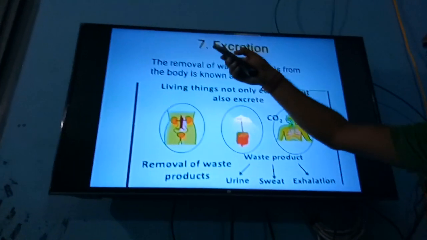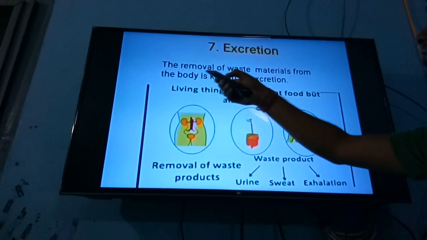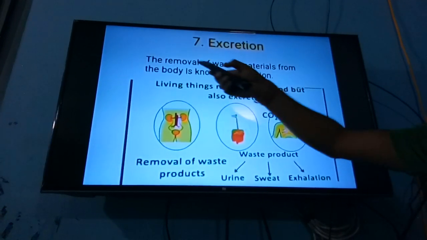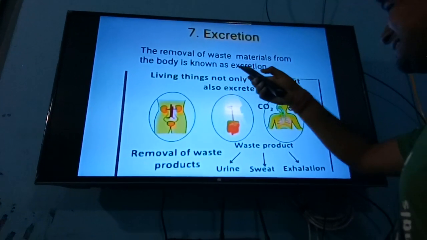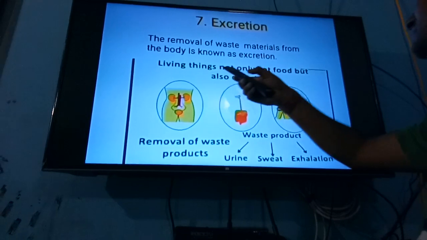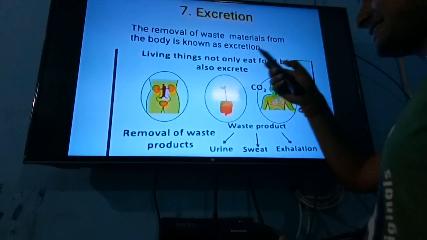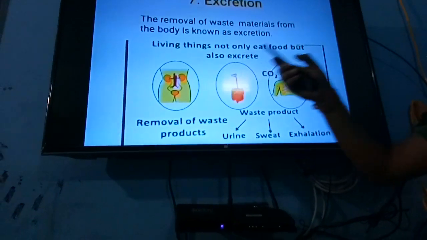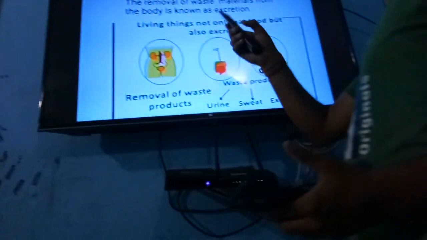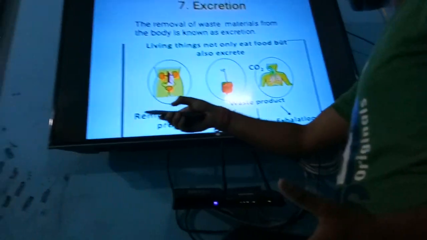Now we are going to talk about excretion. The removal of waste materials from the body is known as excretion. Living things not only eat food but also excrete waste material through their excretory organs.